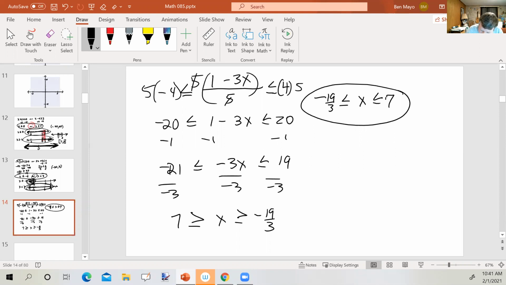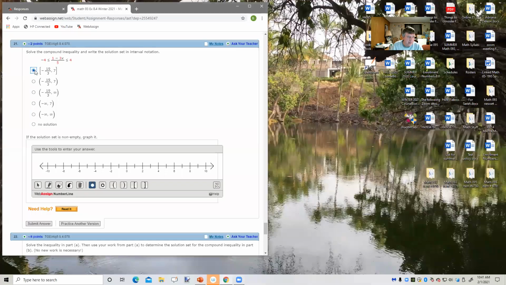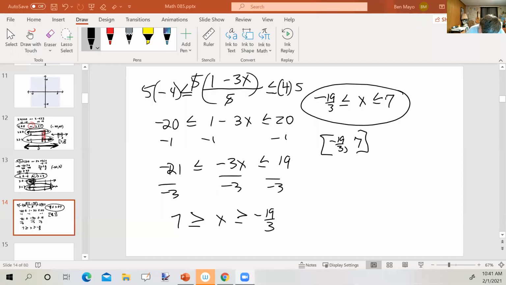So in interval notation, it would look like this. Okay, so we'll go back here, and as I mentioned, that's going to be that choice right there. Now the question is, how do you graph that in WebAssign? First of all, let's take a look just on my whiteboard.